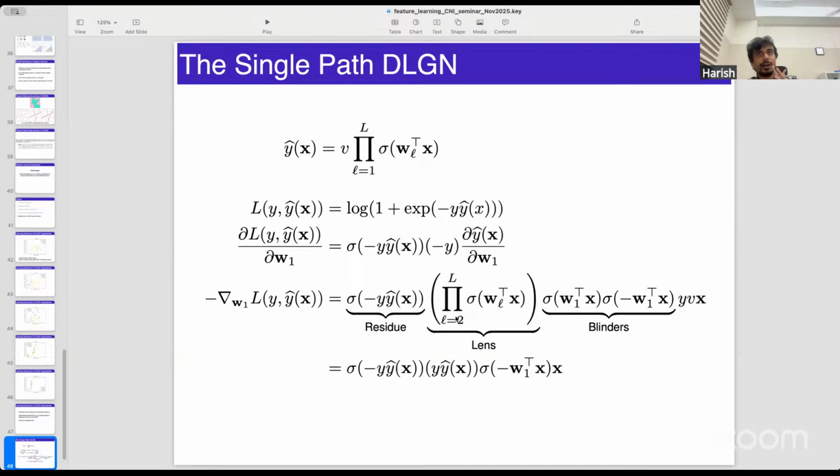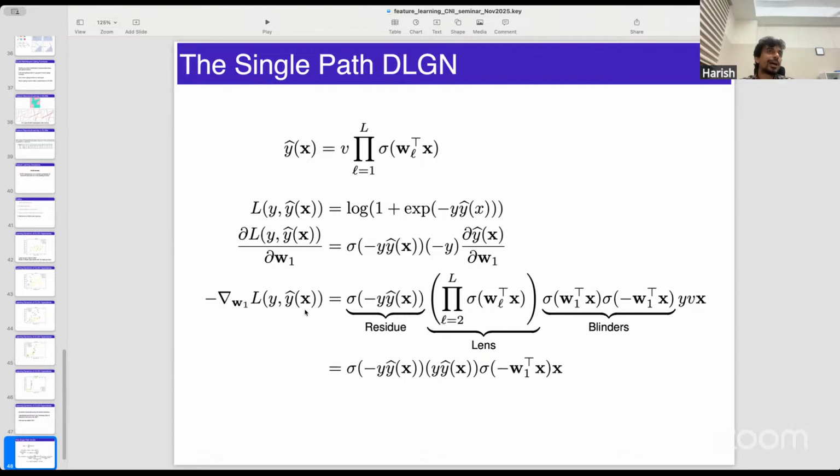So when you want to update W1, the other layer parameters essentially play the role of lensing the gradient. Only when these are all high do they contribute to the gradient.